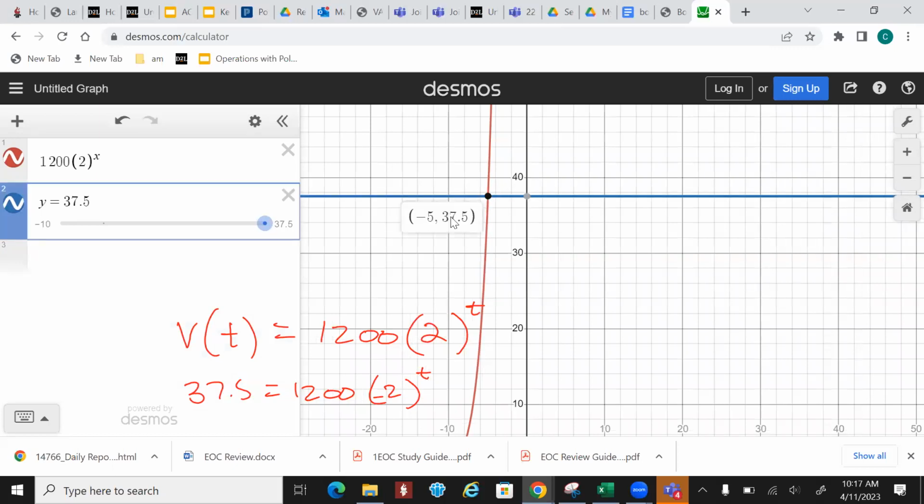And we can see that happens at x equals -5, right? Well, at t equals -5, our volume is gonna be 37.5. So what I did was I took my equation that I just found, put it in, and then created a line at y equals 37.5 and saw where they crossed over.